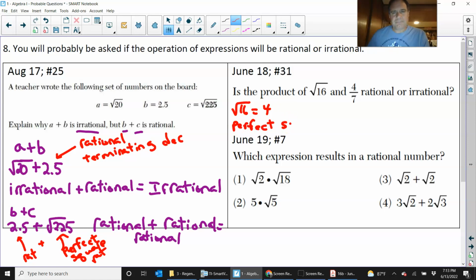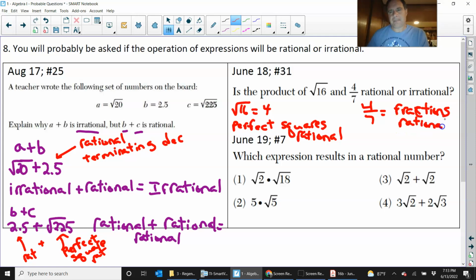Perfect squares are rational. 4/7, all fractions, are rational. So that means if you're multiplying them together, rational times a rational equals rational.